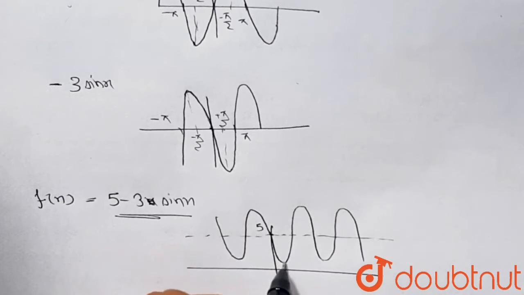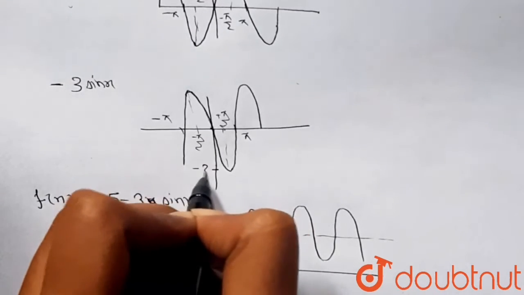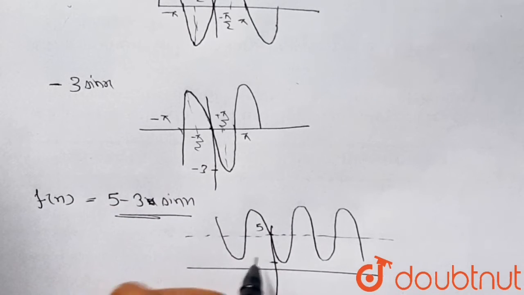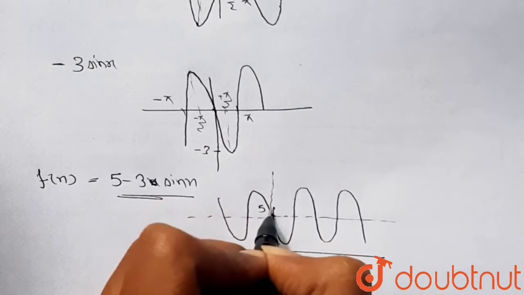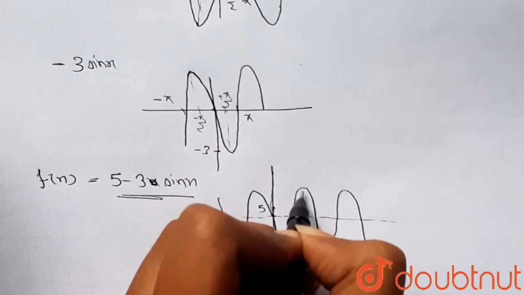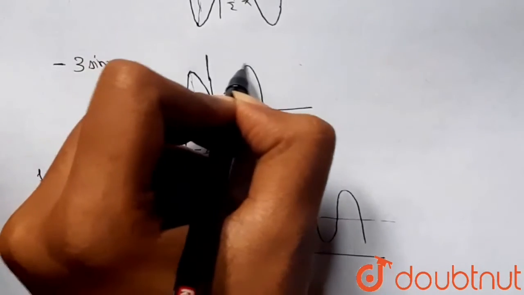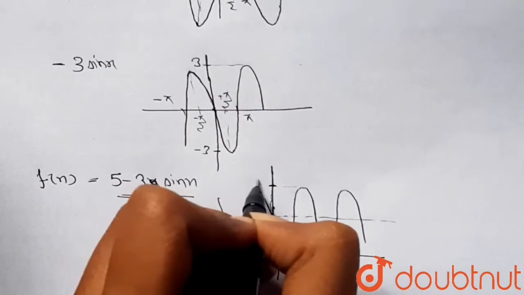Where this point, that is the minimum point, here it was minus 3, right? So minus 3 plus 5, this will become 2. And the highest value, let me draw the highest value, this will be here. The highest value was 3, right? So here it will become 5 plus 3, that is 8.